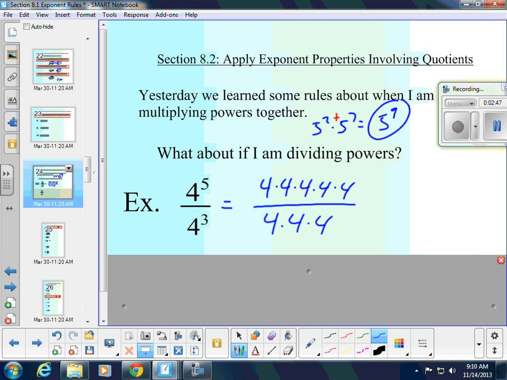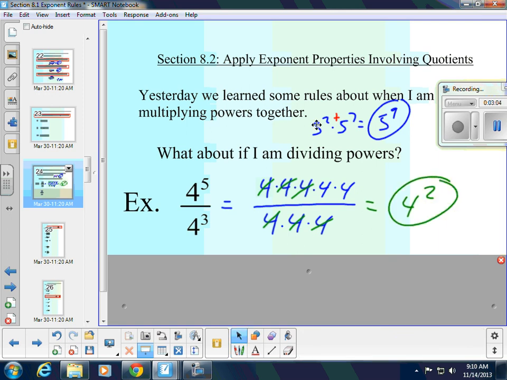Remember in a fraction, if we have a factor on the top and the bottom that are multiplied together, we can cancel these out. So I can cancel a 4 on the top and bottom here, and another 4, and another 4. And what would I be left with? Just 2 4s multiplied together on the top, so that'd be 4 squared.